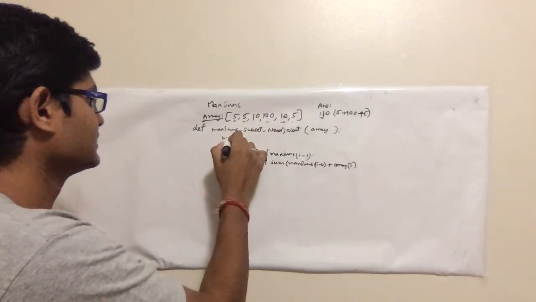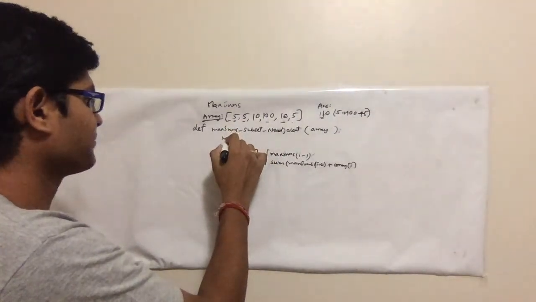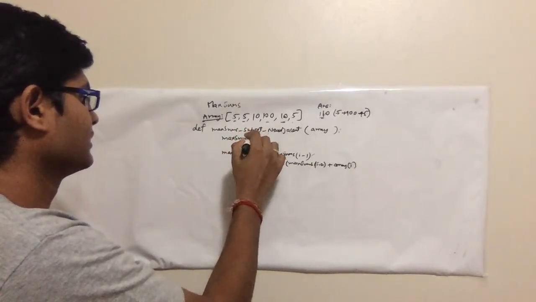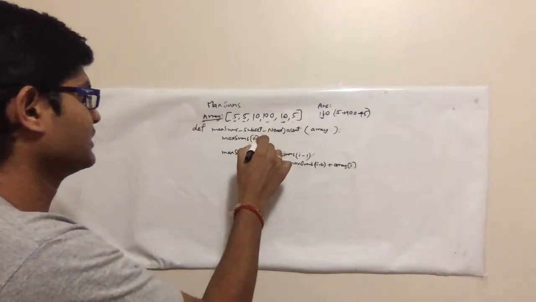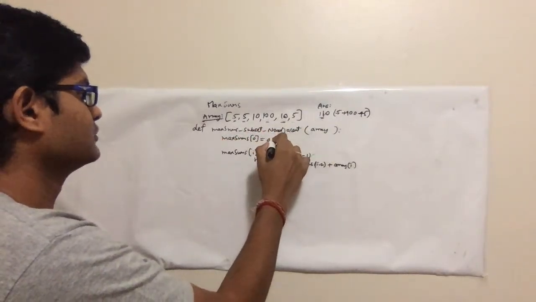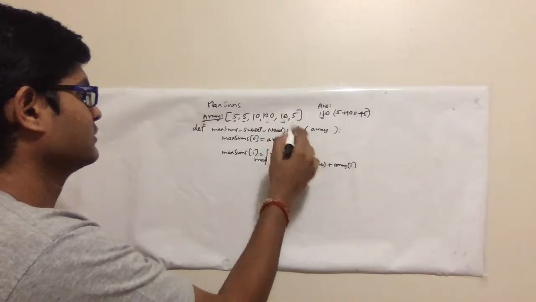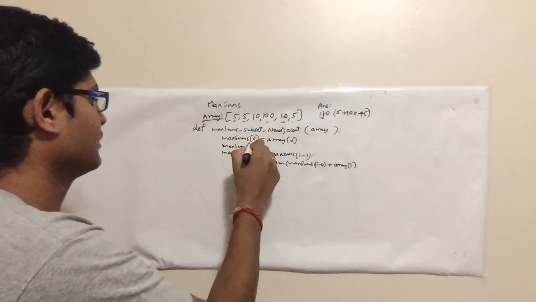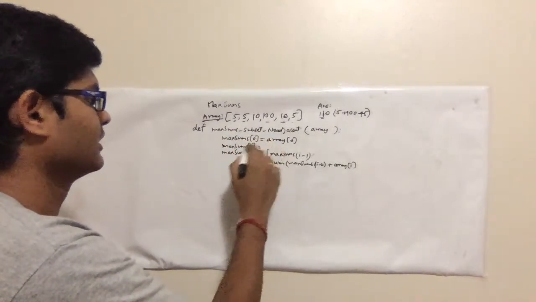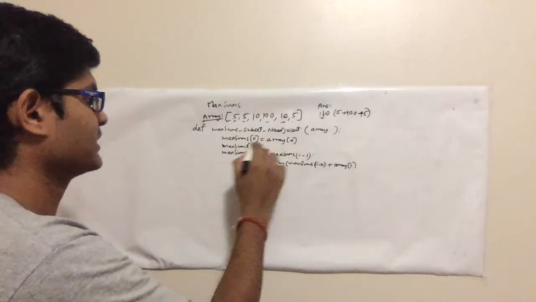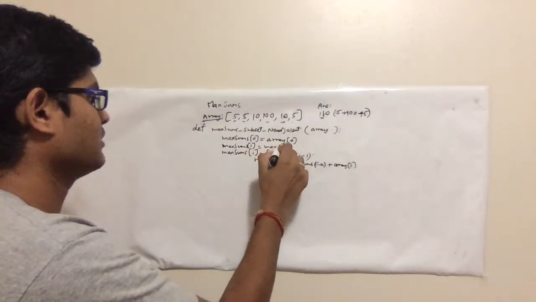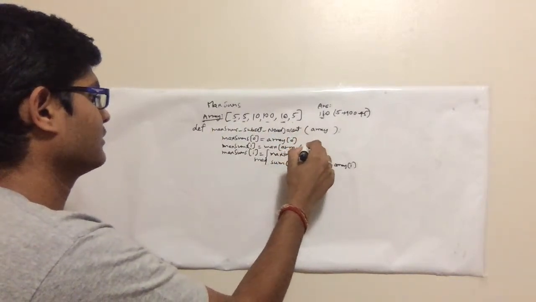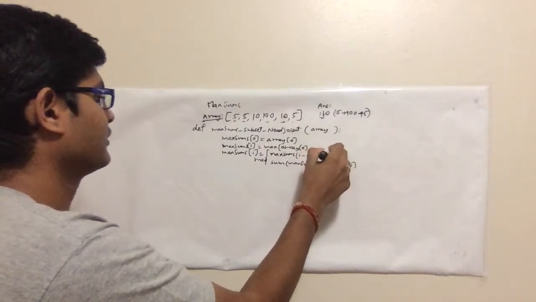So for the maximum sums array, the first element, we need to put array of 0 directly first. But the first index element of the maximum sums would be the maximum of array of 0 and array of 1.